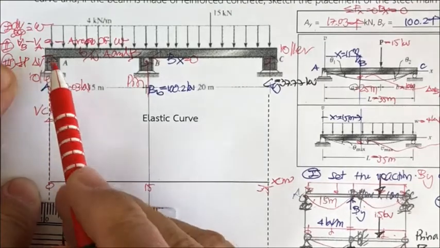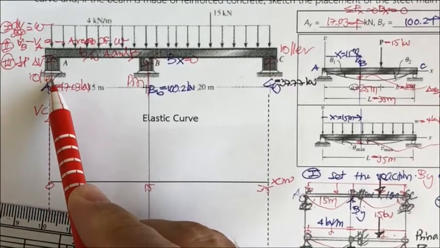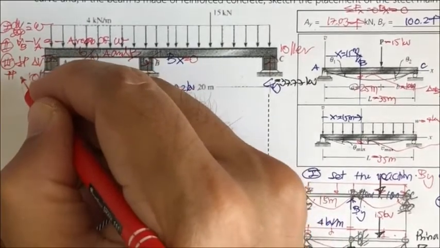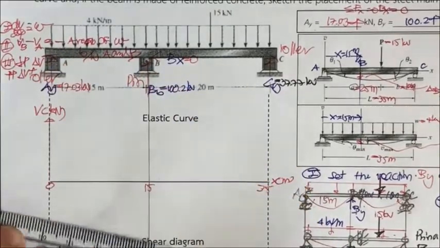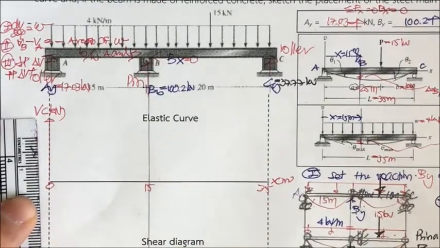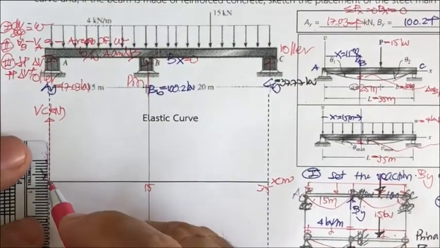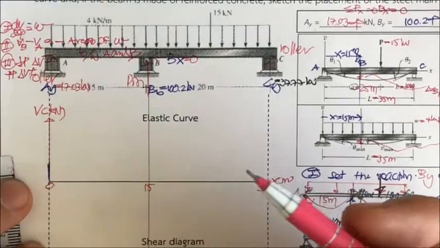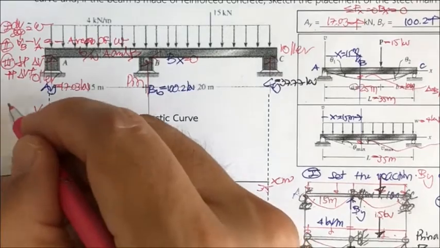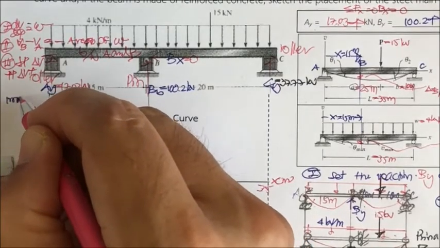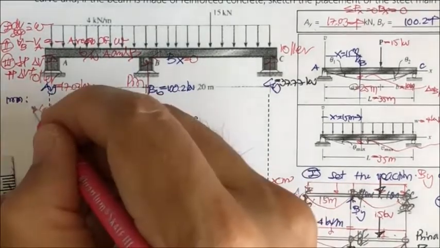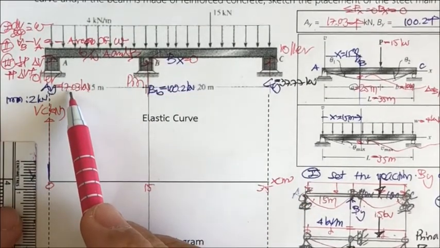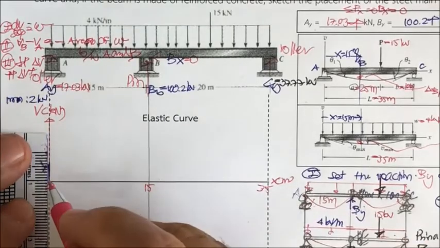So you move to here, you have 17.03. So you're going to have upward P. So delta V is going to be positive. So you move here, you have upward. Okay, and up to your scale, what scale you may use? If you use 1 millimeter for 2 kilonewton, okay, you divide this one by 2, that is going to be 8.5 millimeter.